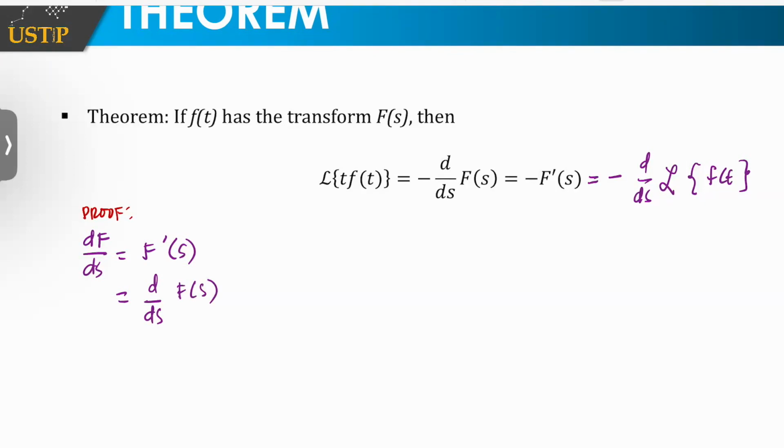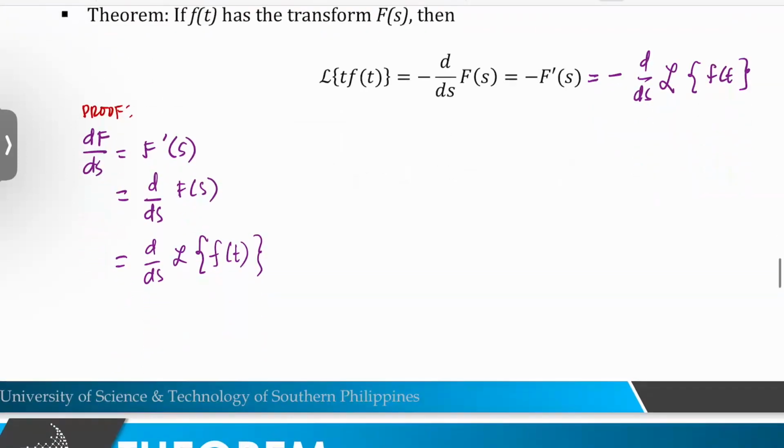Now, F of s, class, is the Laplace transform of f of t, okay? And the Laplace transform of f of t is given by this expression, that is the integral from 0 to infinity of e to the negative st f of t dt. Okay, remember this is what we call the kernel of the Laplace transform, this e to the negative st.